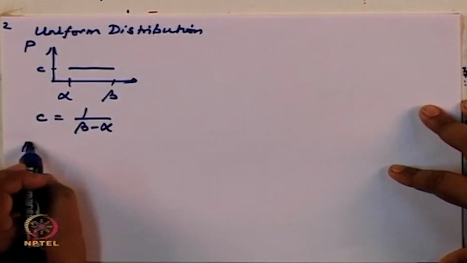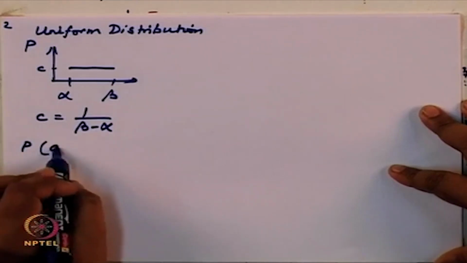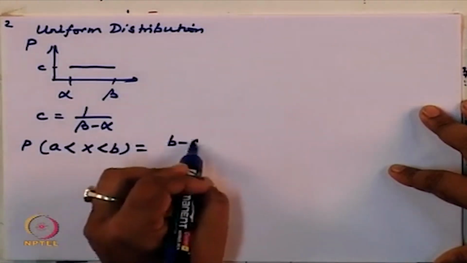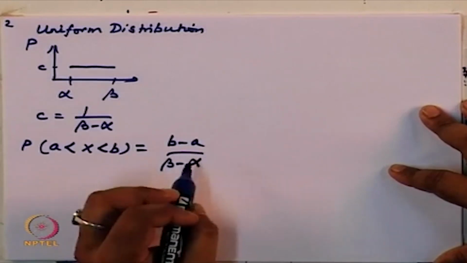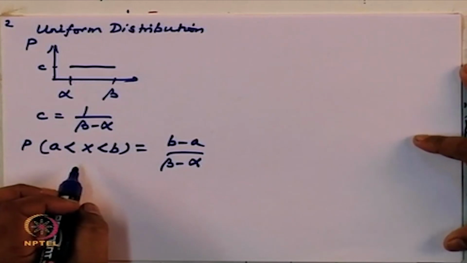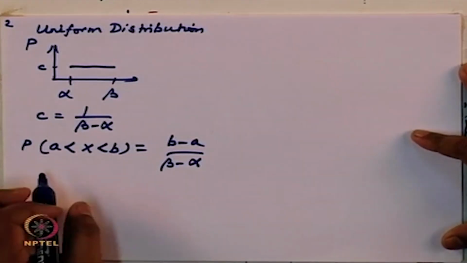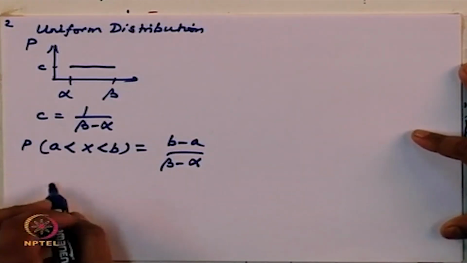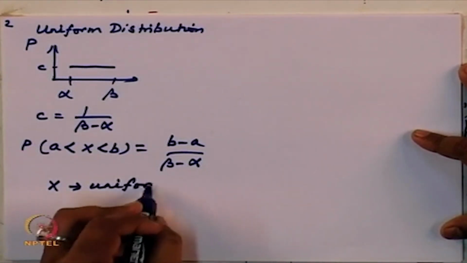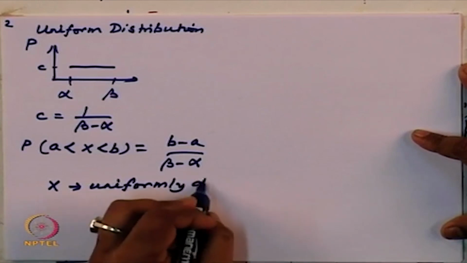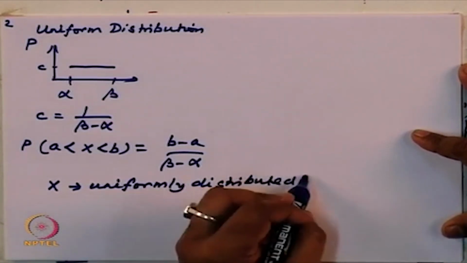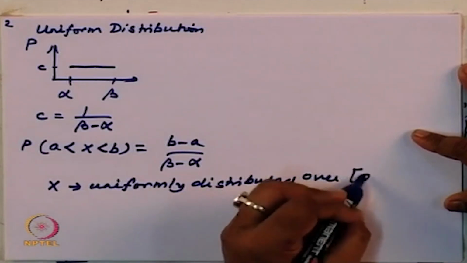So, the probability of a less than x less than b is nothing but b minus a by beta minus alpha. Let us discuss a few very simple cases. Imagine you have a random variable x which is uniformly distributed over 0 to 10.